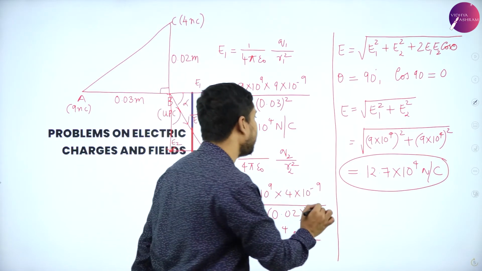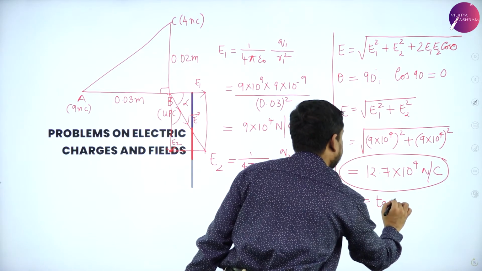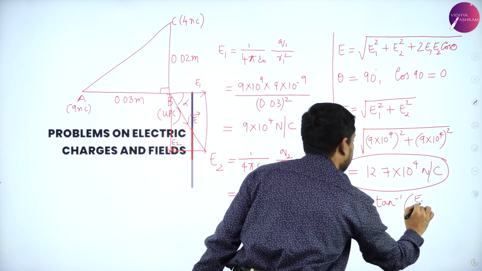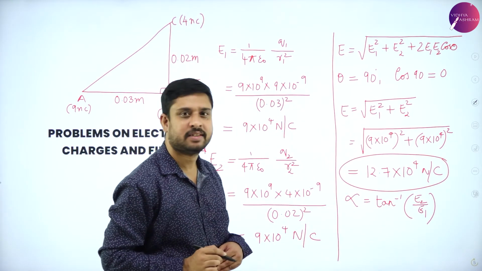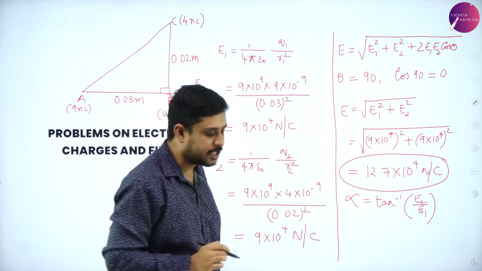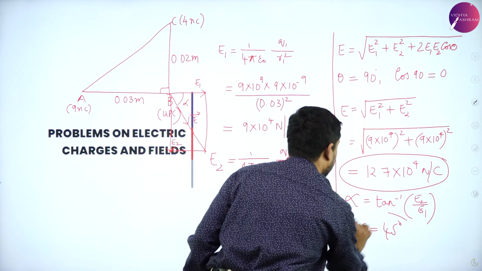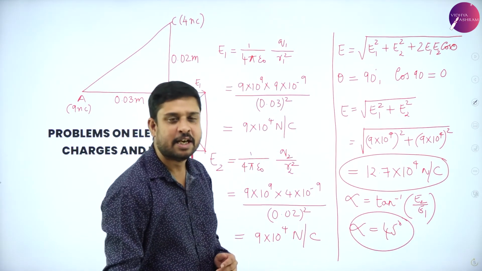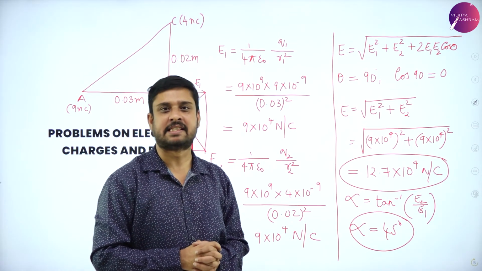What is alpha again? Since theta is 90 degrees, alpha is tan inverse of E2 by E1. So E2 by E1 is 1. Tan inverse 1. So alpha is nothing but 45 degrees. So the direction of the resultant is 45 degrees.